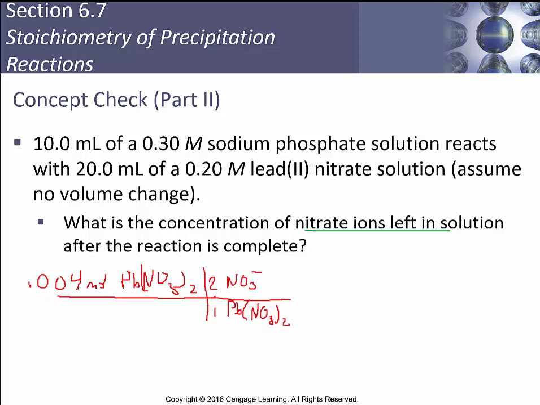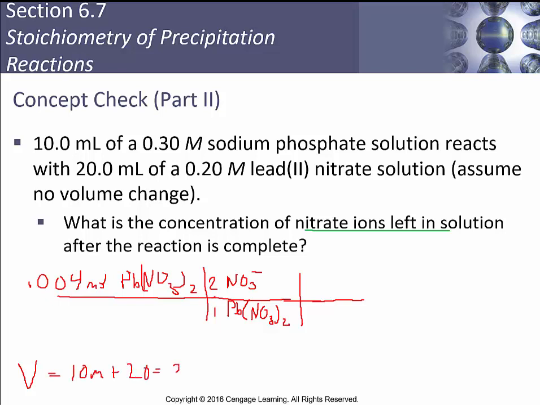We then need to get the concentration, so we need to look at the volume. Our volume is going to be the sum of the 2 volumes. So we take 10 milliliters plus 20 milliliters, which is equal to 30 milliliters.